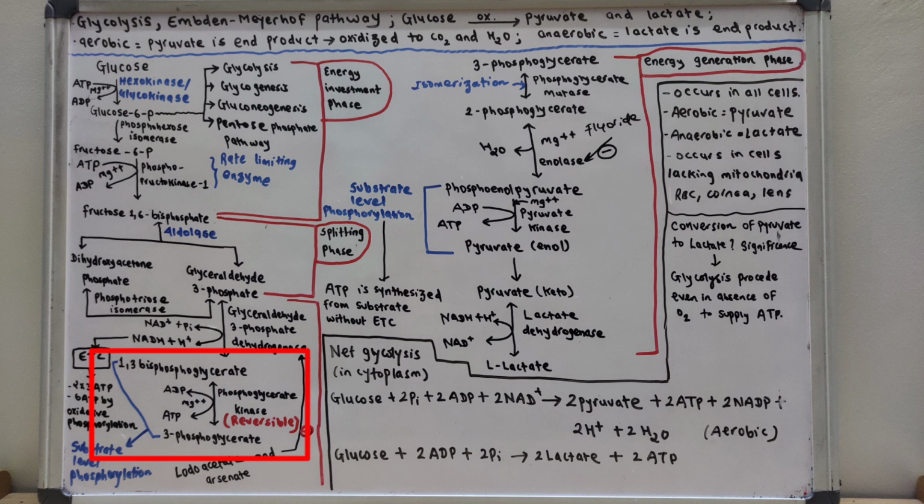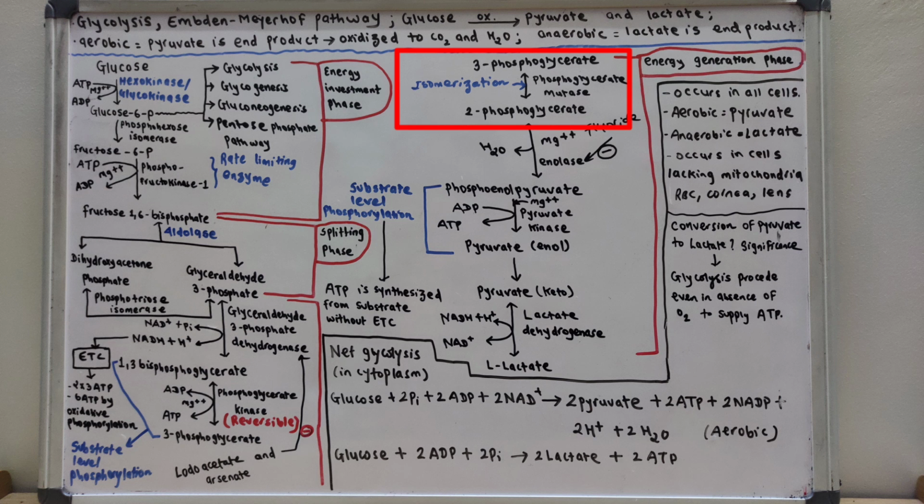It is called substrate level phosphorylation because the ATP is synthesized from the substrate without involvement of the electron transport chain. The phosphoglycerate kinase reaction is reversible reaction and it is a rare example among the kinase reactions. So this question may also be asked in the MCQs. What is the reversible reaction of the kinase reactions? That is phosphoglycerate kinase reaction in the glycolysis, which is the rare example.